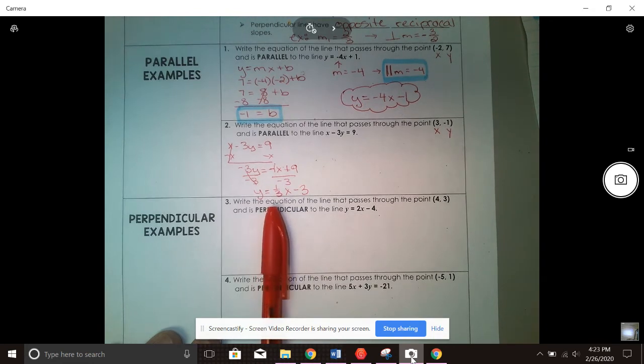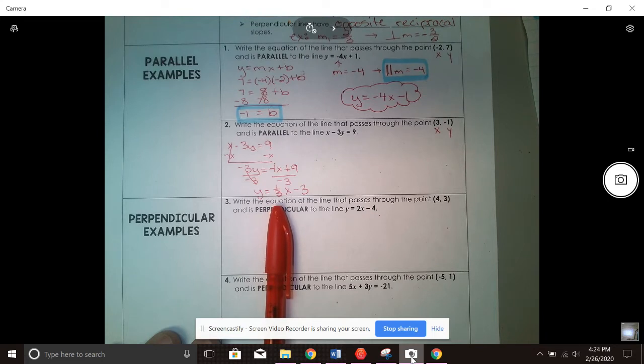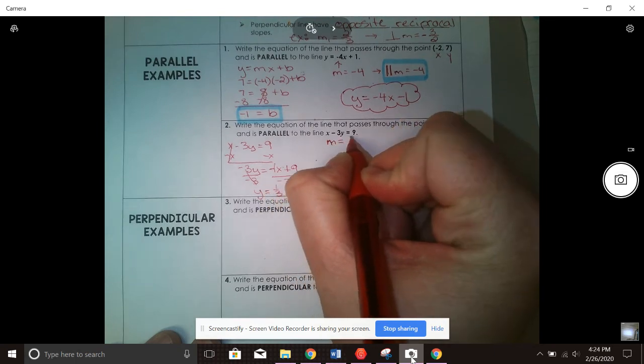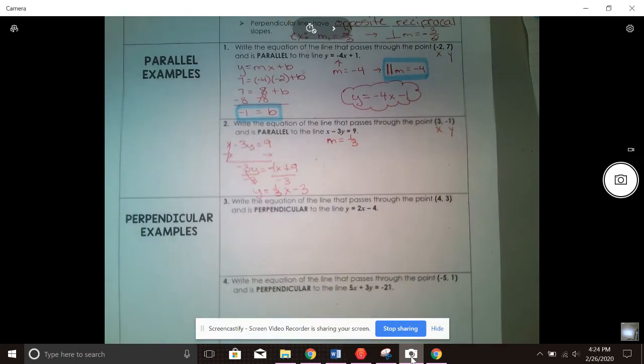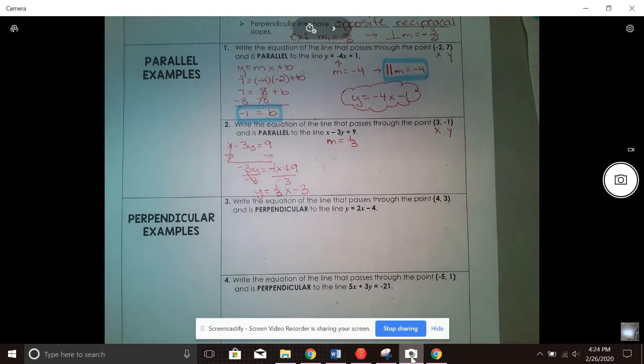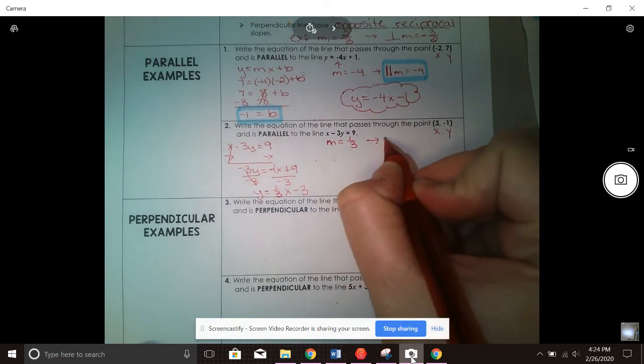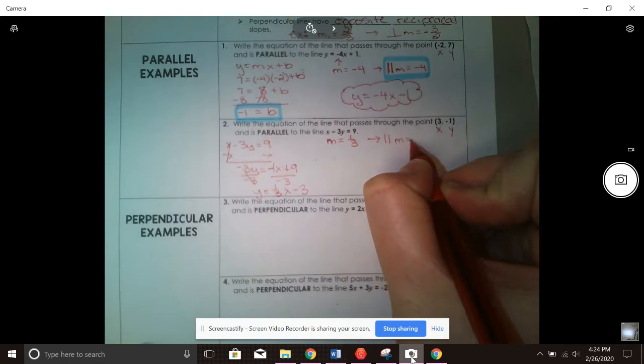So the equation of this line is y equals 1/3 x plus 3, where 1/3 is the slope. So a parallel slope has to be exactly the same, which means the parallel slope is also going to equal 1/3.